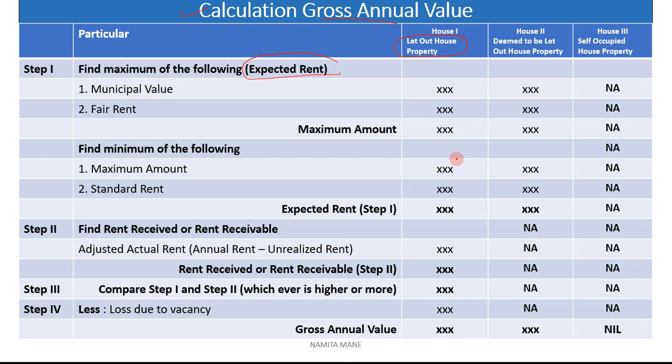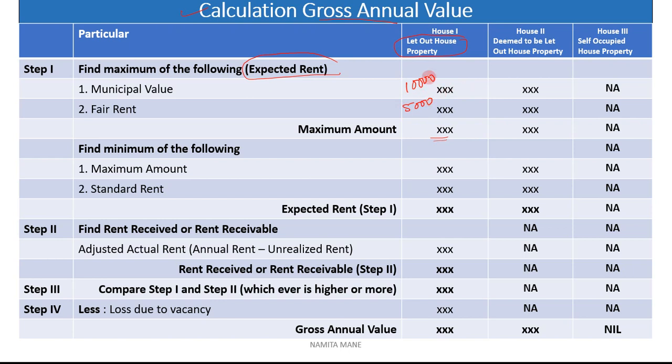Next, whatever maximum value you get, compare it with standard rent, and then find the minimum. For example, suppose the municipal value is 10,000 rupees and fair rent is 5,000.